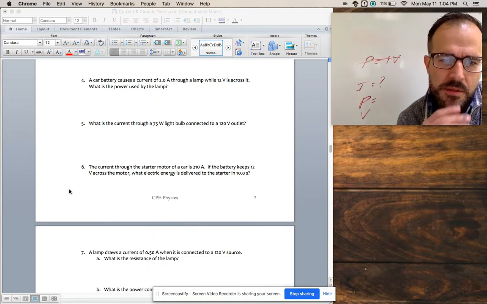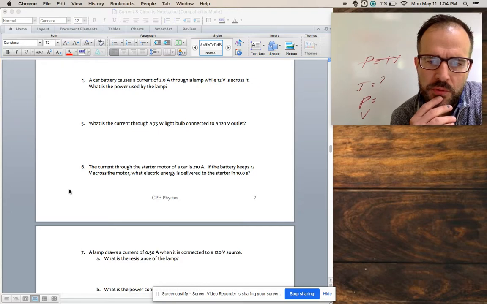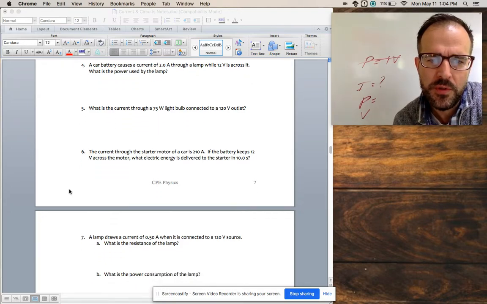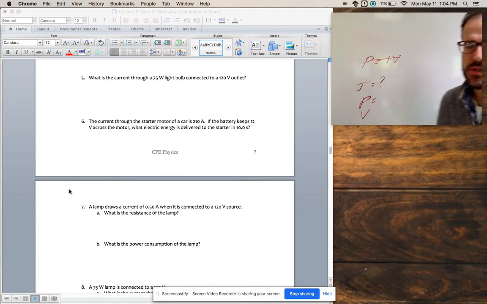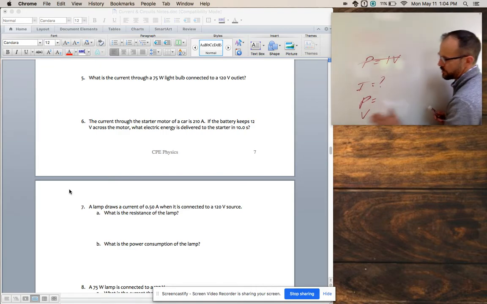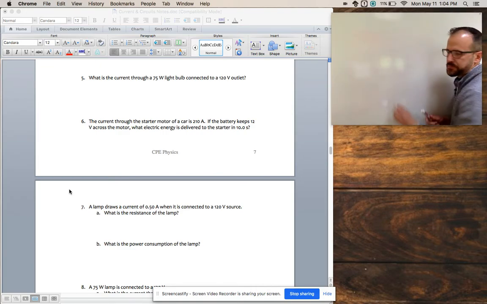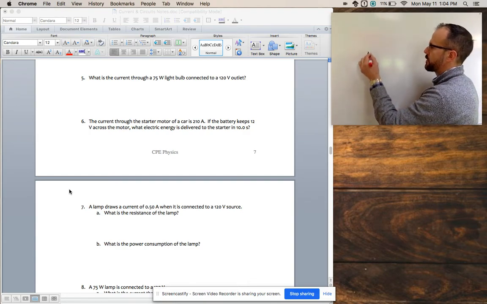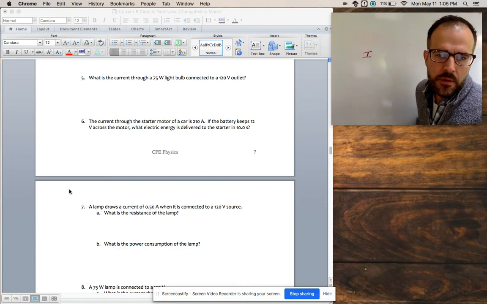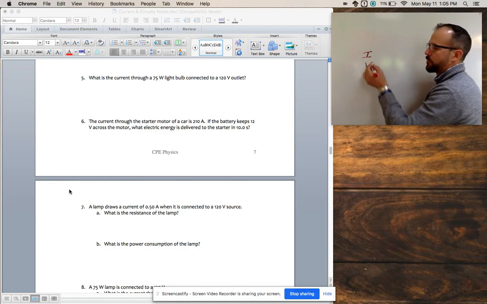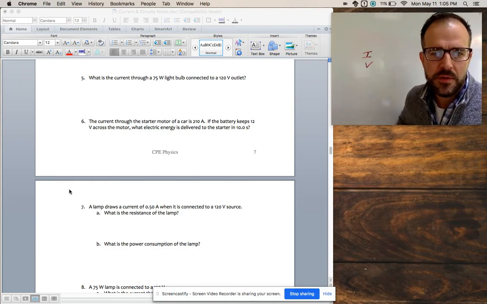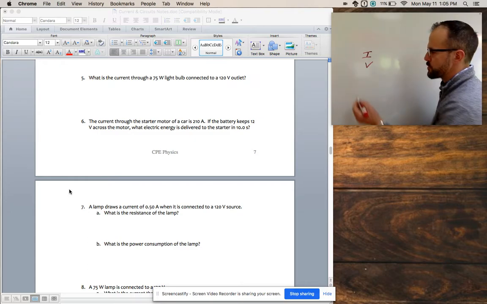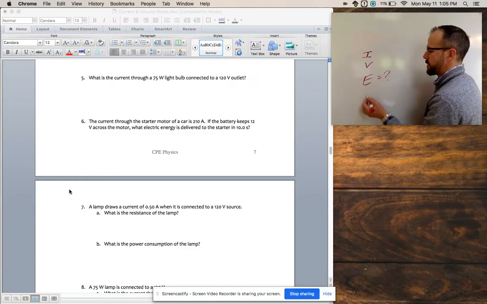And 6, current through a starter motor. We've got current, we've got voltage, and it wants energy in an amount of time. Let's take a closer look at number 6. So we've got I, current. We've got a battery of 12 volts, so we know the voltage, the potential difference, and it wants electric energy, and they're giving you an amount of time.